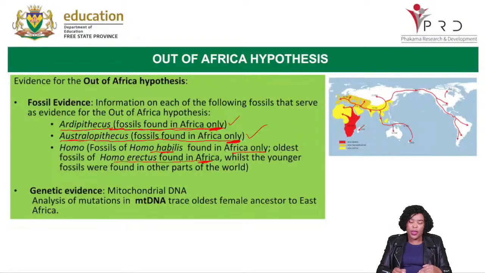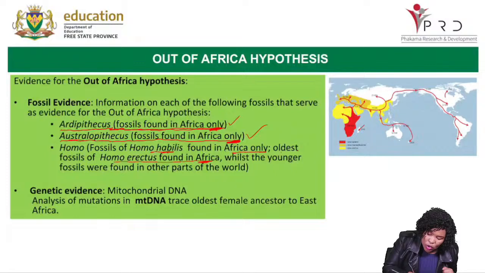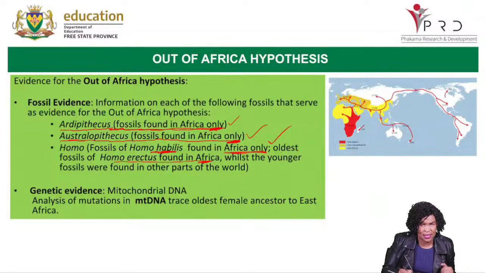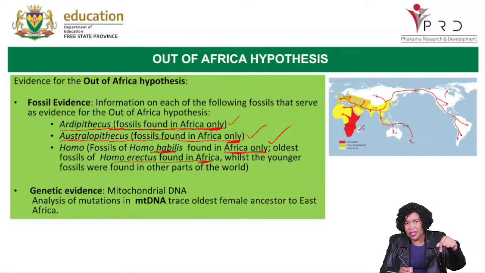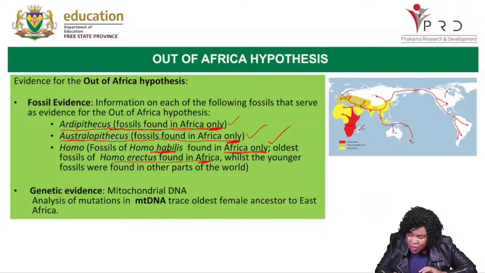And they say the fossils of Homo habilis are found in Africa only. So this must support that, okay, if Homo habilis is found in Africa only, it means the hominid species originated where? In Africa. So it is supporting that they all originated from Africa and therefore migrated to other parts of the world.